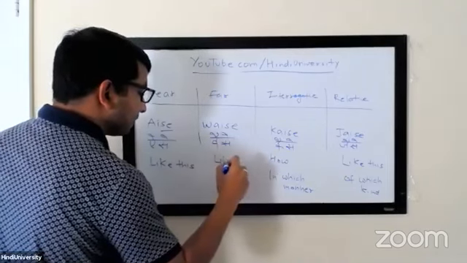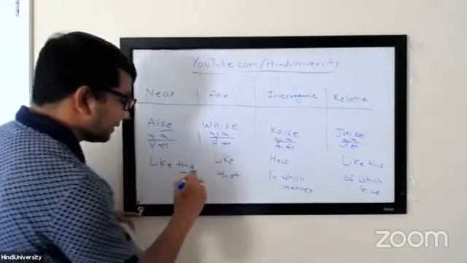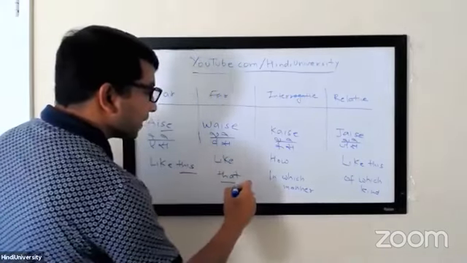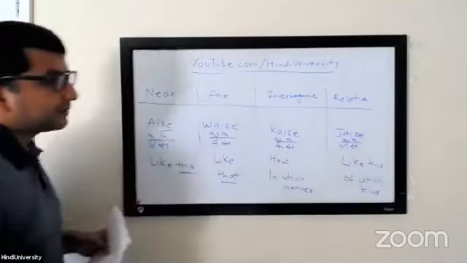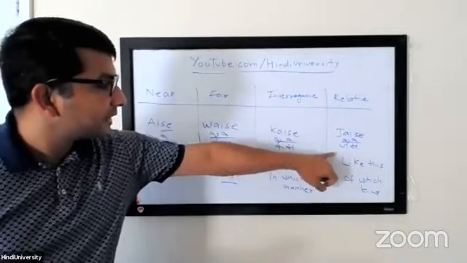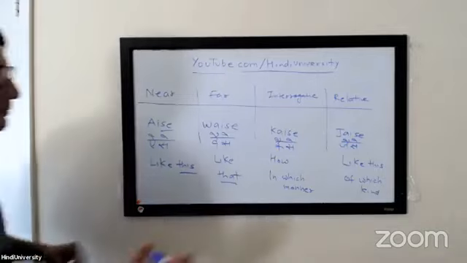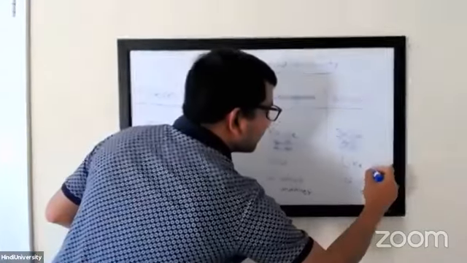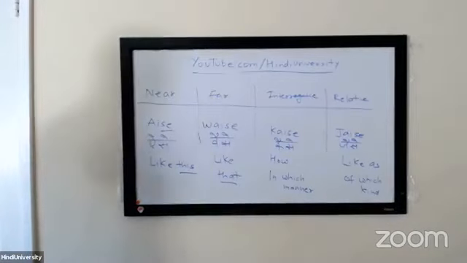Which is like that. So just to be clear, this is aise, like this; vaise, like that; kaise, like how; and jaise is the relative of vaise, basically like as. Okay. Now let's look at the detail of each of them.